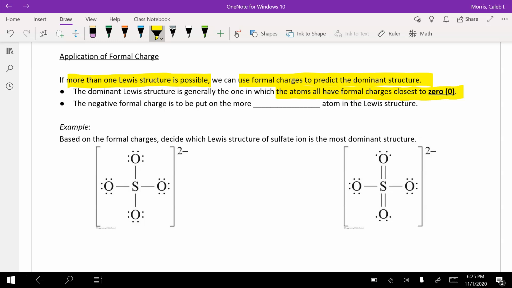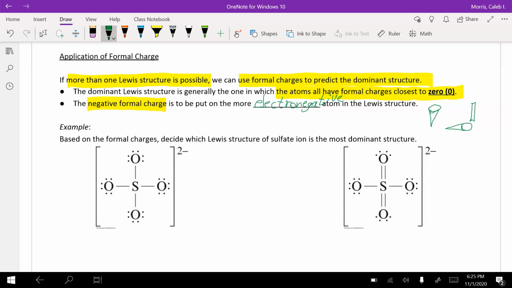Also, we need to keep in mind that the negative formal charge is to be put on the more electronegative atom in the Lewis structure. It's a lot to fit on that line. And remember, when we're thinking of electronegativity, that's our snowman trend.